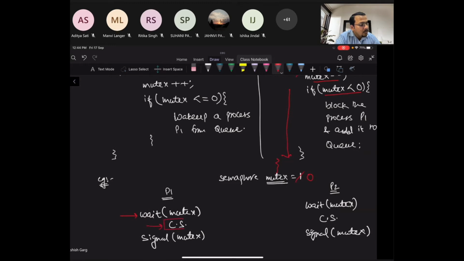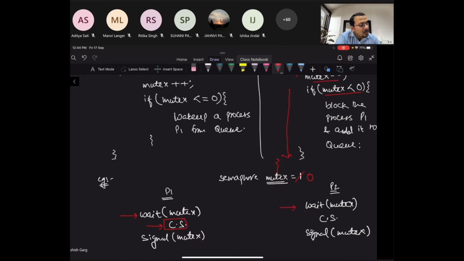I am in the critical section right now. If at all I am able to access the critical sections of both processes at the same time, then my mutual exclusion condition will get violated. I don't want to go into the critical sections of both processes at a time. So let's try to forcibly go.